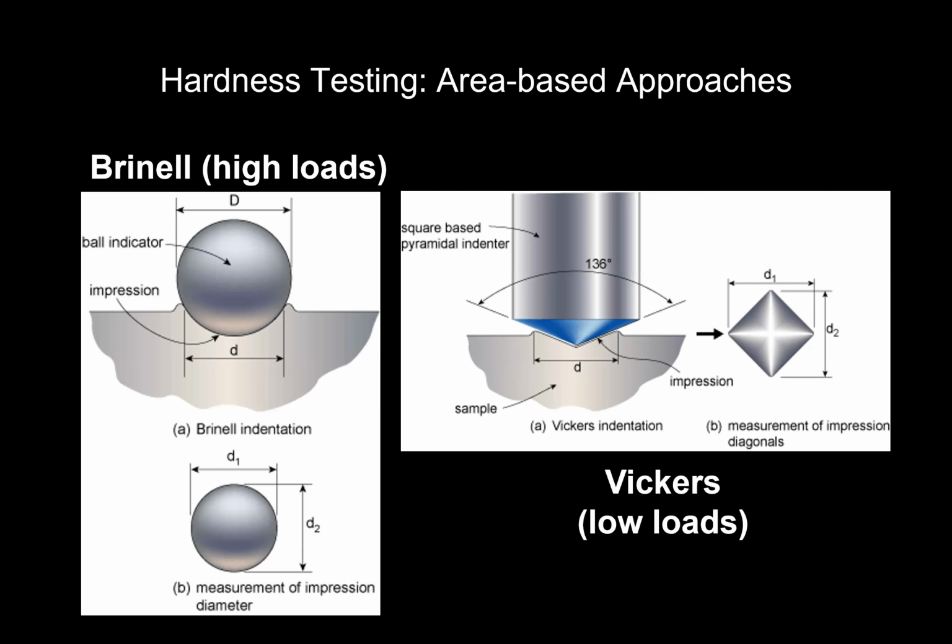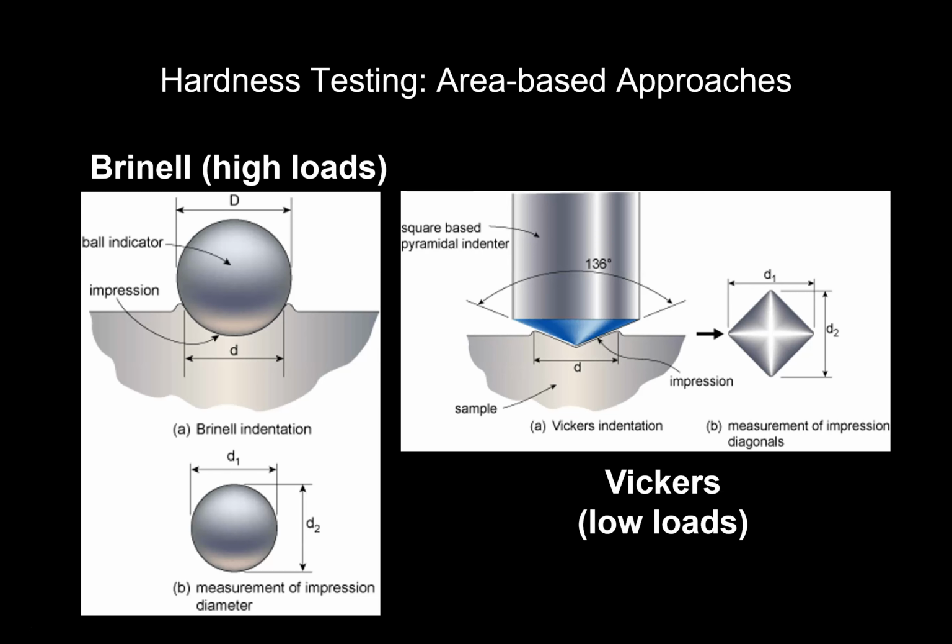So let's talk now about the hardness testing itself. In terms of hardness testing, we can divide the techniques into two categories. The first category is an area-based approach, based on the original definition of hardness from Brinell.